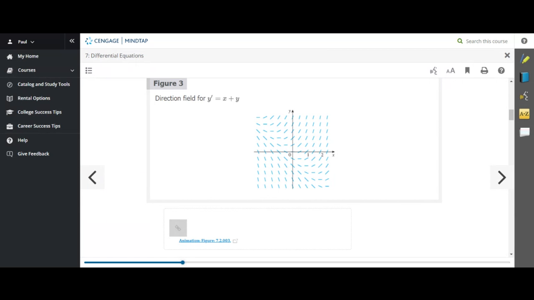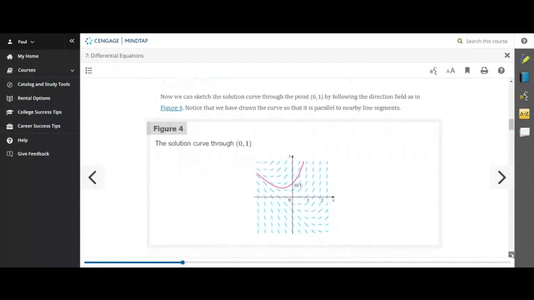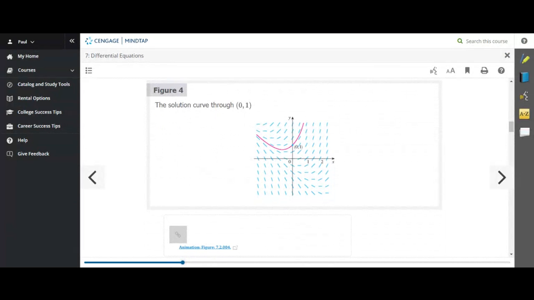Okay, now let me show you something else here in the figure. In figure 4, they're drawing a solution curve through the point 0, 1 and obeying the differential equation y prime equals x plus y.